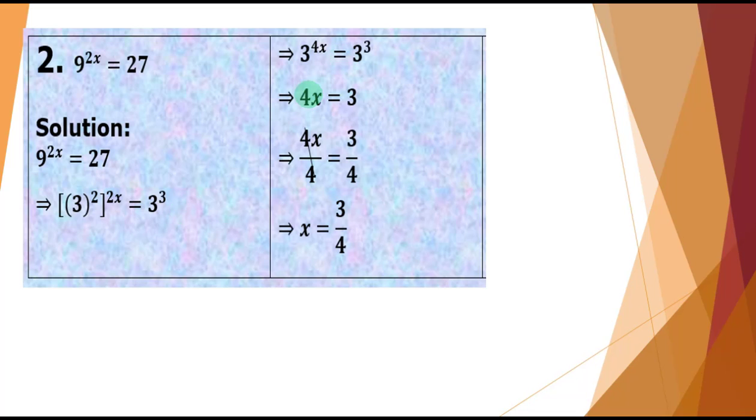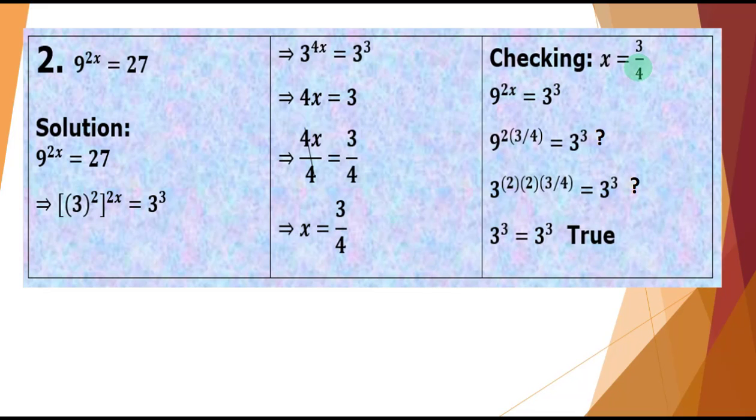So simplifying, 2 times 2x, we have 3 raised to 4x equals 3 cubed. They have the same base, so all we need to do is equate the exponents: 4x equals 3. Solving for x, we have x equals 3/4.